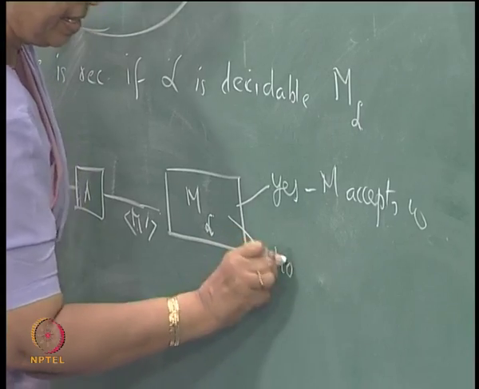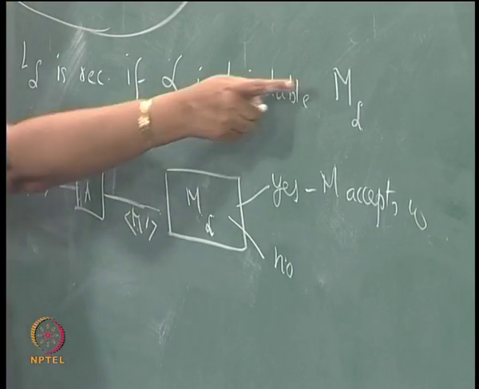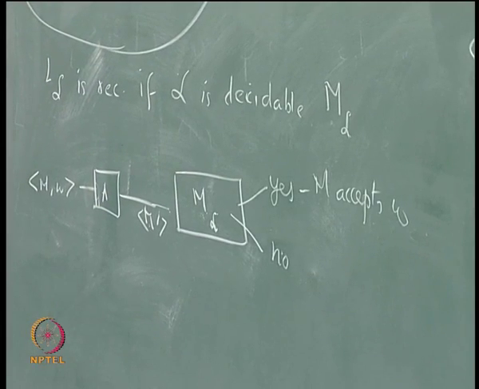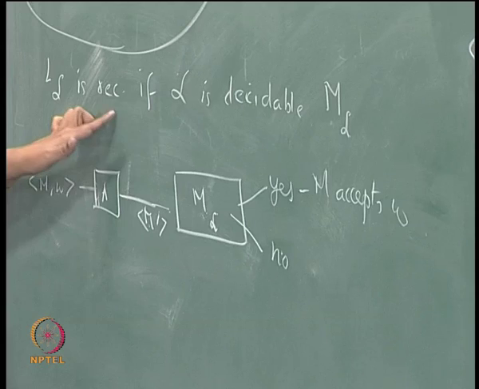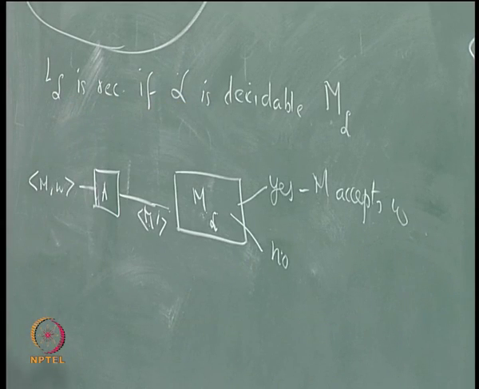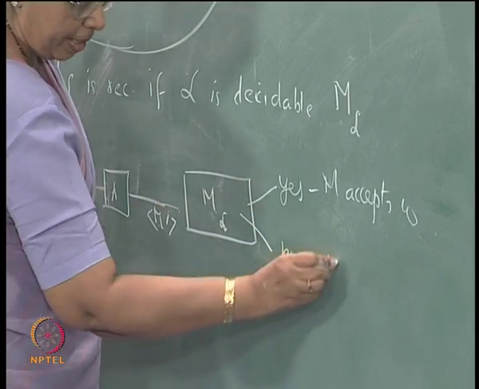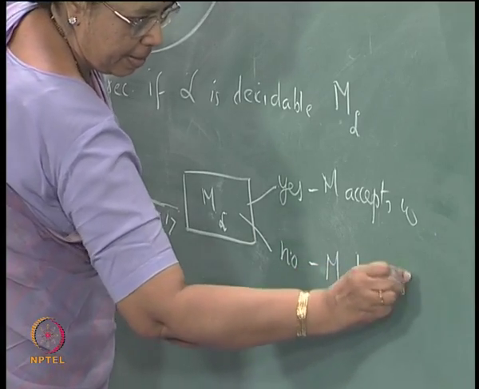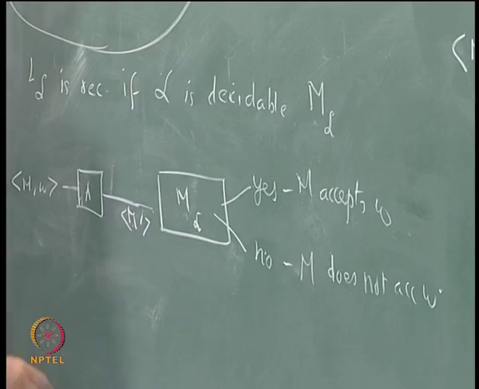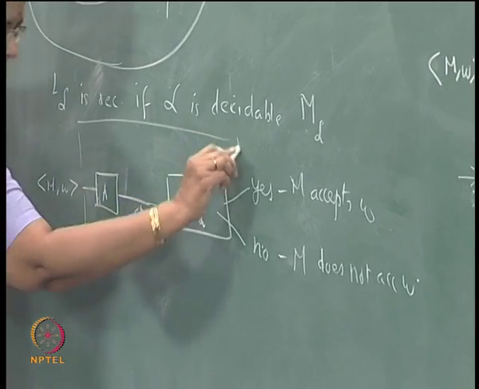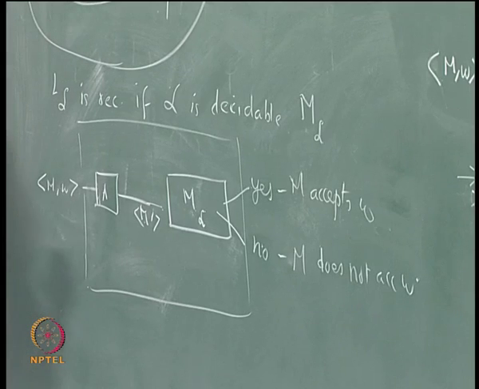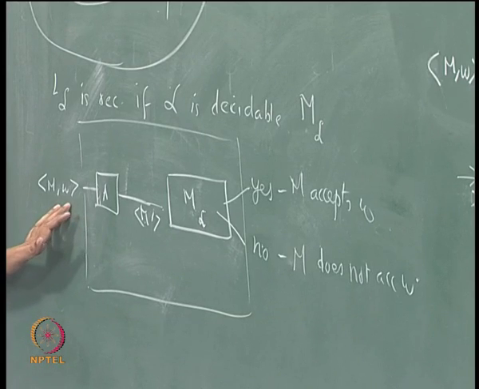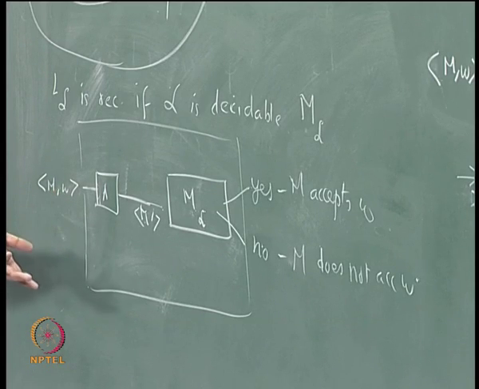See, we are assuming that this is recursive, so there is a Turing machine which halts on all inputs. L of S is recursive if S is a decidable property. So, there is a Turing machine MS which halts on all inputs. So, it will say yes or no, M does not accept W. That means you have an algorithm for LU, or you are saying that the problem whether M accepts W is decidable.